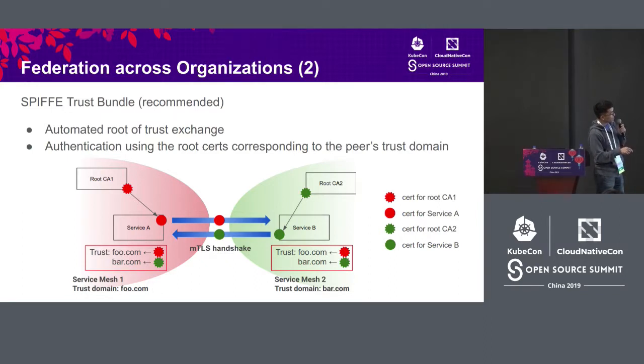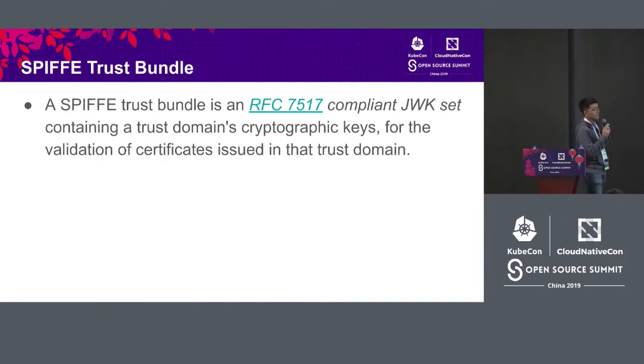Root CA1 is signing the certificate for service A, root CA2 is signing the certificate for service B. But beyond that, you will notice in the red box, there's a trust bundle. For foo.com, only use this red certificate, which means the root CA1 certificate, to verify it. And for bar.com, you should only use the root CA2 certificate to verify it. How this entire thing works, be patient, I will talk about it in the following slides.